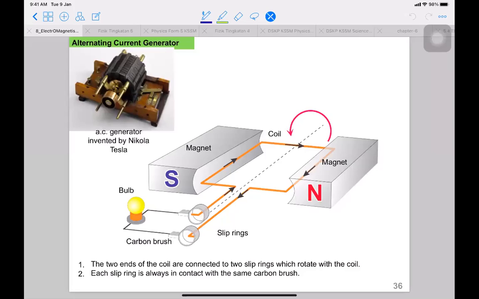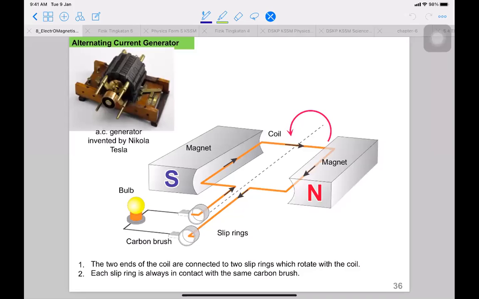Now the two ends of the coil are connected to two slip rings which rotate with the coil. Each slip ring is always in contact with the same carbon brush. In the DC generator earlier, the split rings don't stay in contact with the same carbon brush, because every time it rotates, it interchanges.